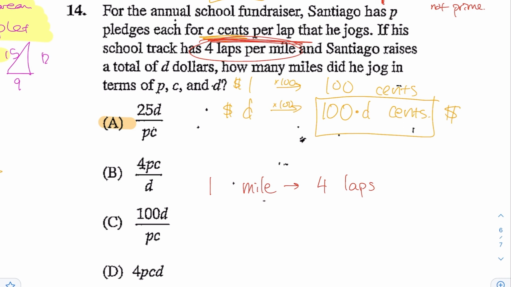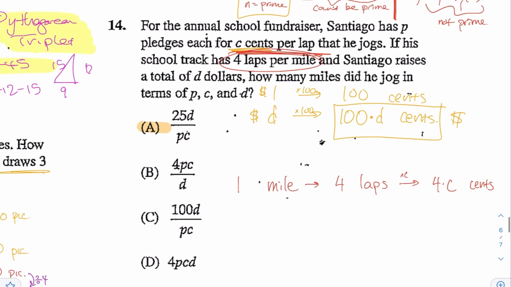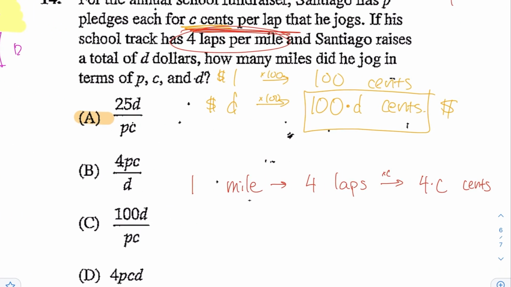So if 1 mile is 4 laps, you can figure out the number of cents he gets per lap is C cents. So you have to times it by C, which will be 4 times C cents. So each mile he jogs, he gets 4C cents.